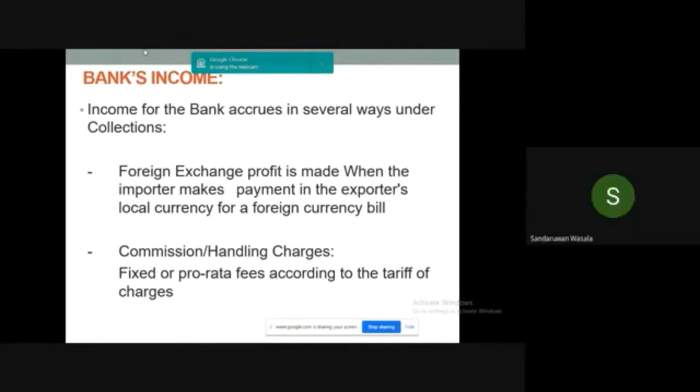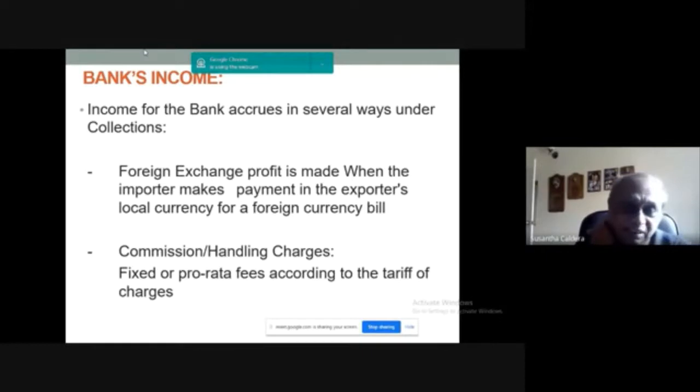Selling. Yes, we are using the selling rate. When we use the selling rate, we always keep a margin. Right. Then these are the income.